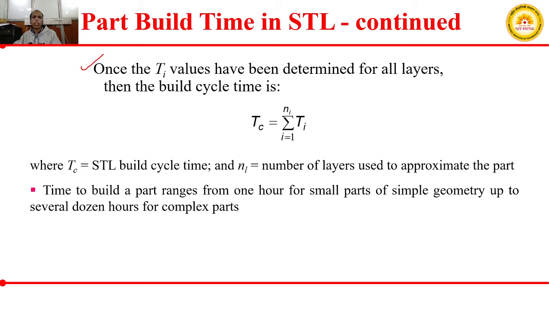This may be given as the summation of Ti, with i from 1 to n. Ti is the time for any particular layer. This i will be varying from 1 to n, where n is your total number of layers, or approximate number of layers, to print your part.